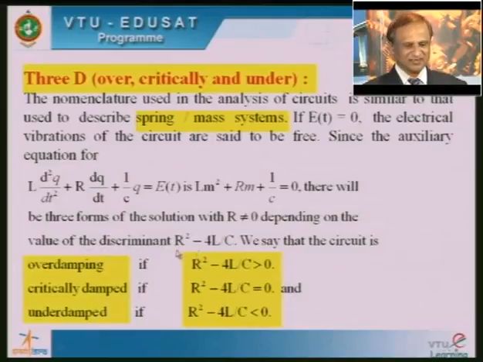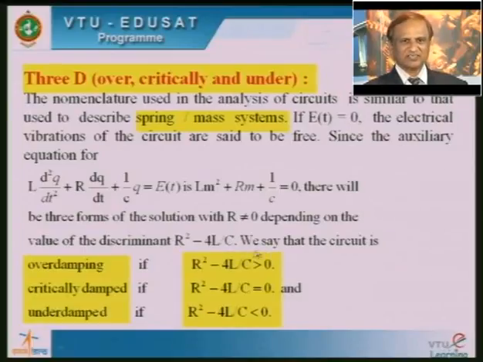Here I am saying R square minus 4L by C. Depending upon the equation, the discriminant may change. Is it clear? Exactly in the similar way, according to our equation, here I can obtain the value of R square minus 4L by C. The total value I may call the value of the discriminant, right? So it may be less than 0, may be equal to 0, may be greater than 0. According to that we can declare, right?